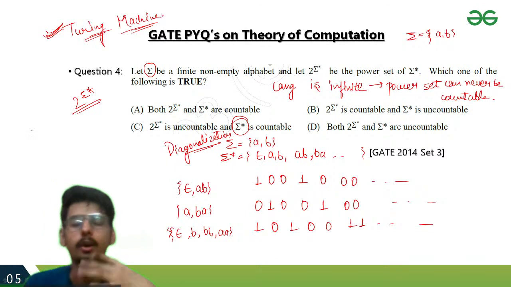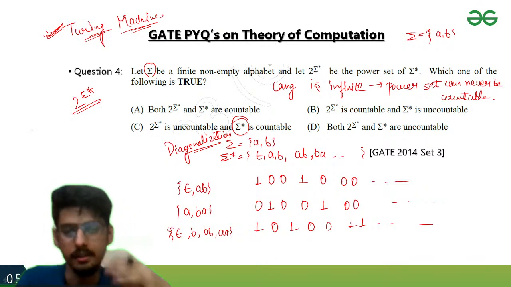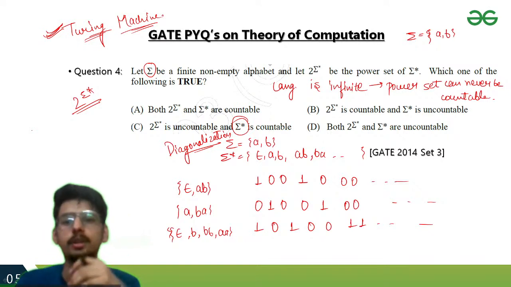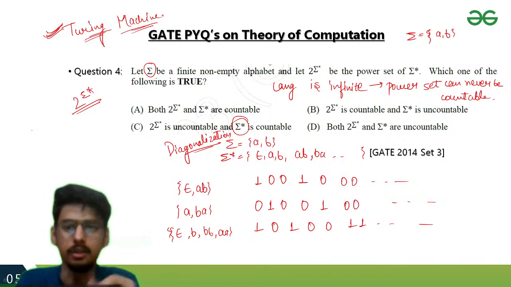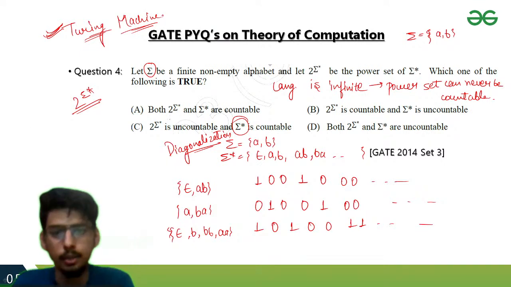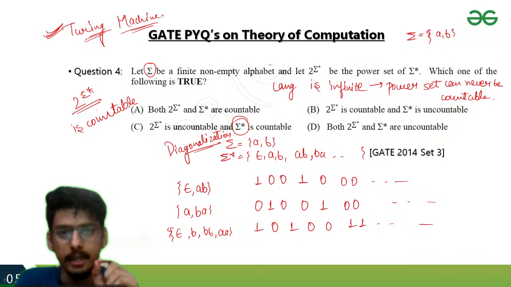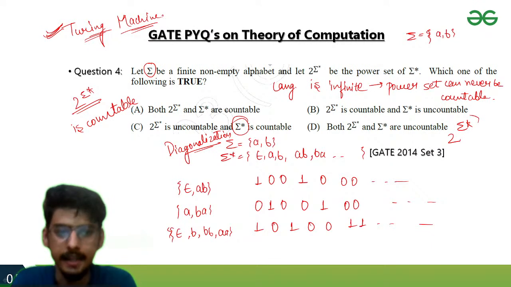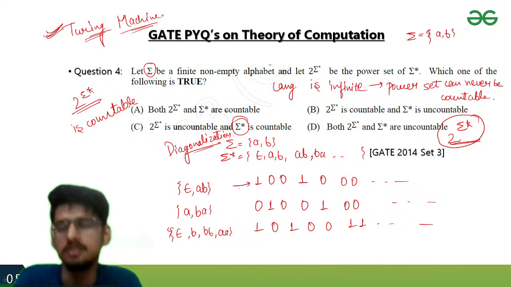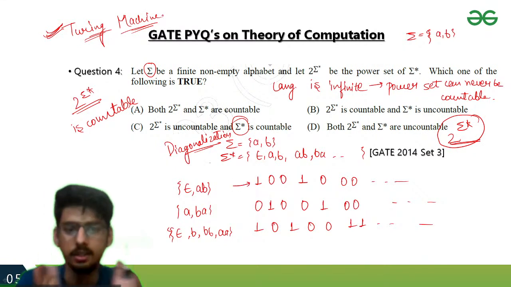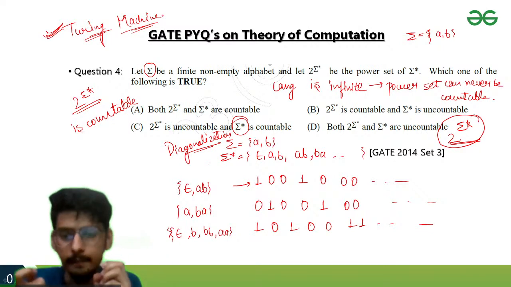In order to prove this, I am going to use the method of contradiction. That is, I assume the opposite of what I am trying to prove. So I assume that 2 to the power sigma star is countable. If it is countable, then every element of this power set can be encoded as a binary string of 0s and 1s.